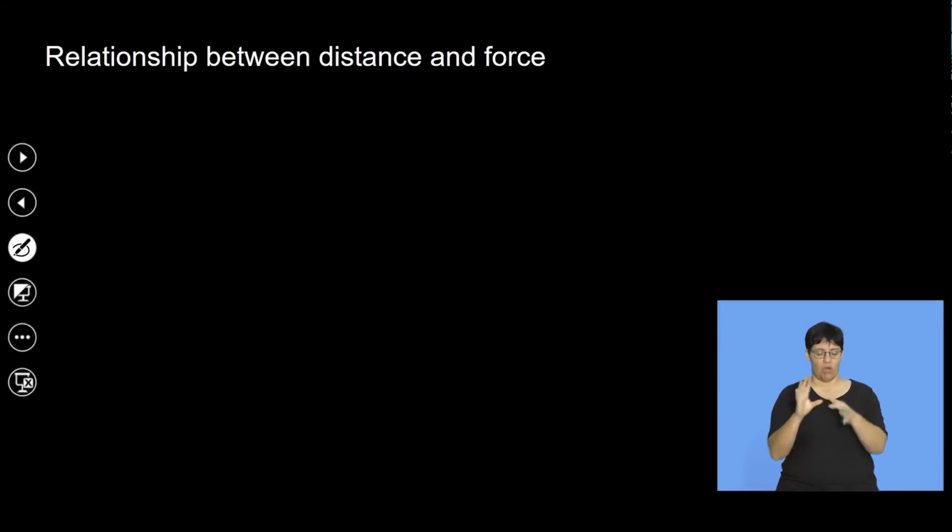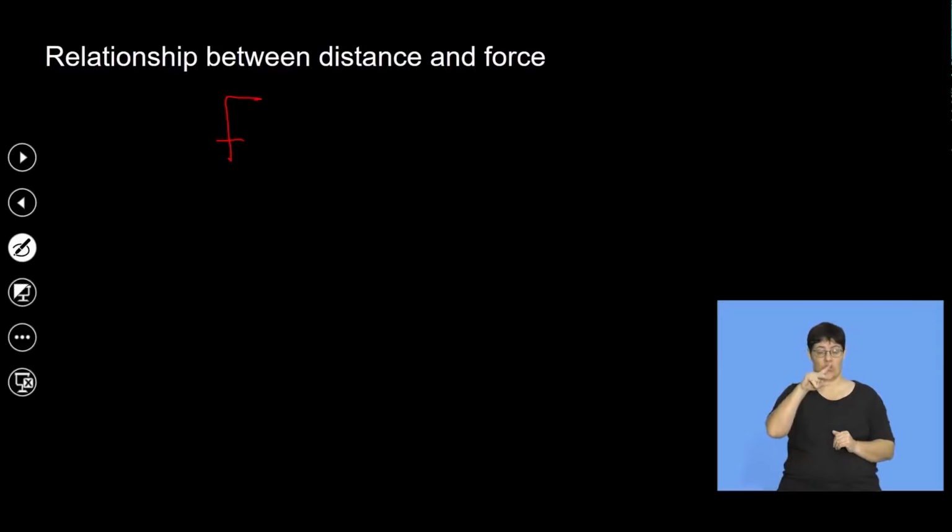If we now look at the relationship, we realize that force increased when distance decreased, and force decreased when distance increased, but that's not enough. We want the inverse proportionality, so that tells me that force is inversely proportional to r squared. That r squared is so important. You can't leave that r squared out.